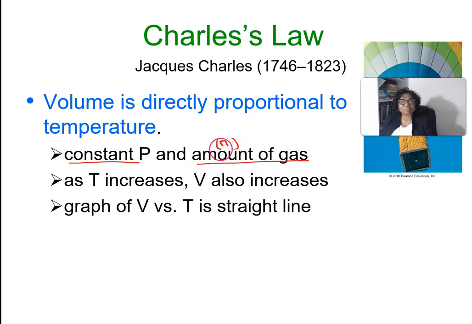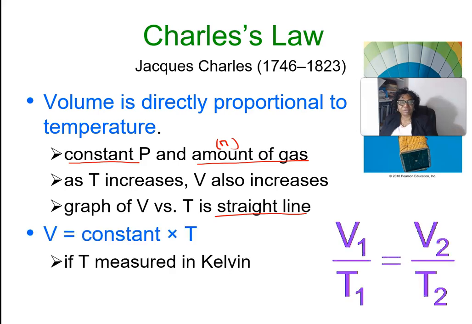So as temperature increases, volume also increases. So the graph of volume versus temperature is a straight line graph. So V equals a constant times T. Our T is in Kelvin.